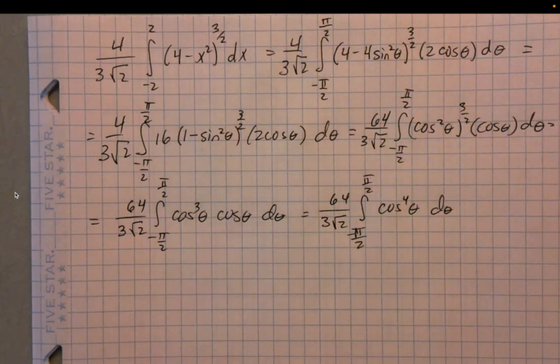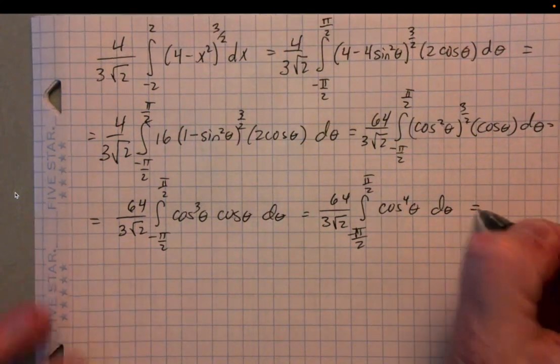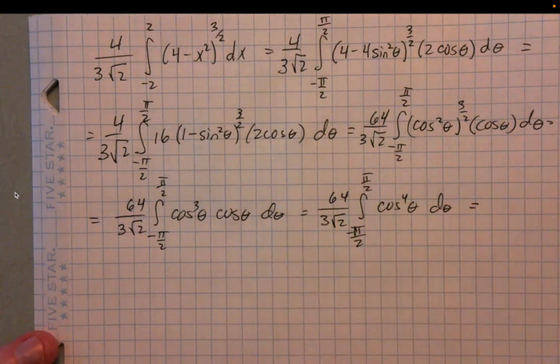Okay, and then again from Calc 2, if you look at trig integrals, you will find that this one can be integrated, right? You can integrate this cosine to the 4th power theta.